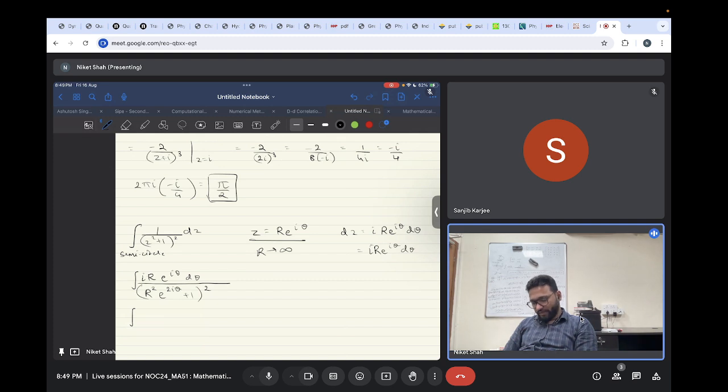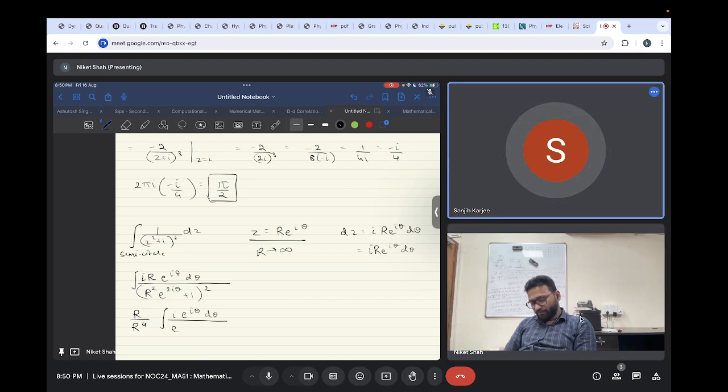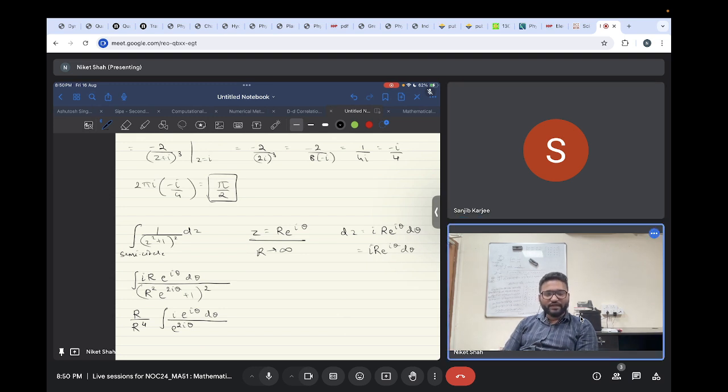I'll take r common outside. R is a constant number by the way, so I don't need to include r in the integration part. R divided by r raised to power 4. I'm taking r raised to power 4 outside. This gives integral i e raised to power i theta d theta divided by... Yes, capital R means the radius, the magnitude of the complex number. We can write z as r e raised to power i theta, the polar representation of a complex number.